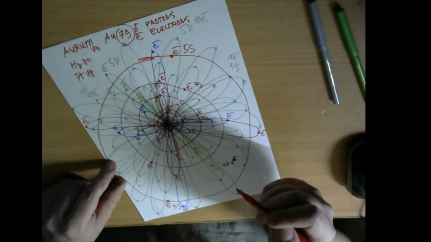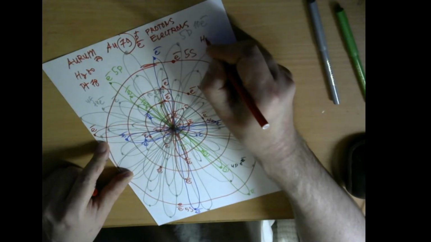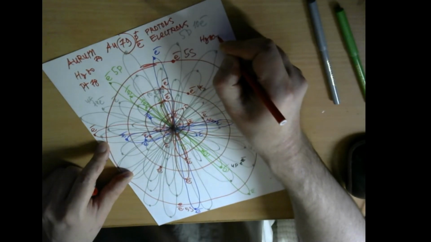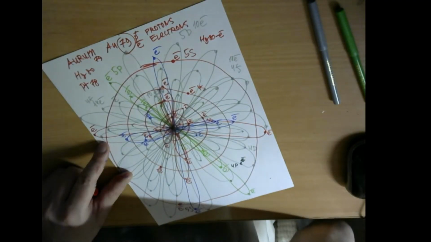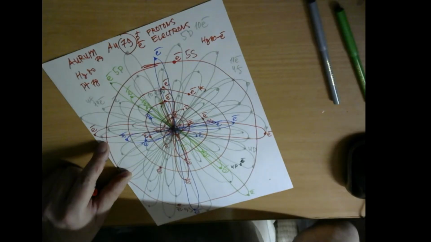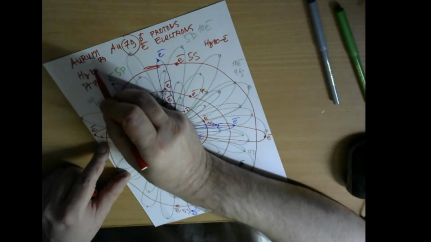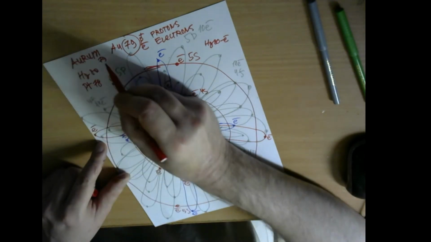The answer is if you take hydrargyrum 80 minus 1 electron, or is it plus? Let's see, 80 protons, 80 electrons, 79.